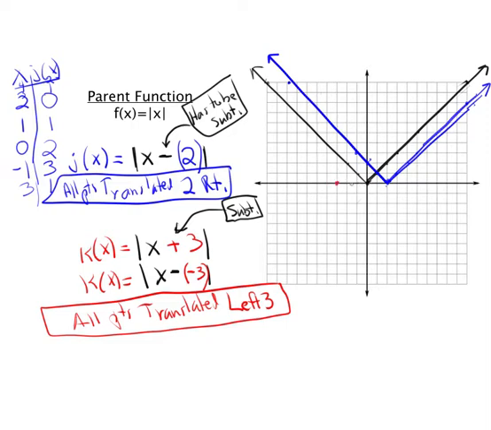So my vertex gets moved over, and these points, 1, 2, 3, there is the V of my absolute value function. If I start at my absolute value vertex, I can go over 1, up 1, over 2 from my vertex, up 2.